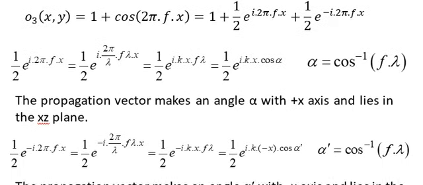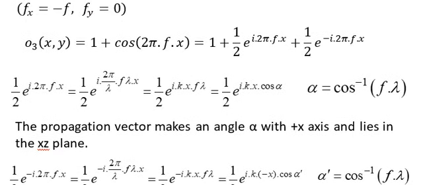Now let's see, the cosine function, that is the object function, was 1 plus cos of 2 pi f x, and we can write the cosine function in its exponential form, which is 1 plus half e to the power iota 2 pi fx plus half e to the power minus iota 2 pi fx.